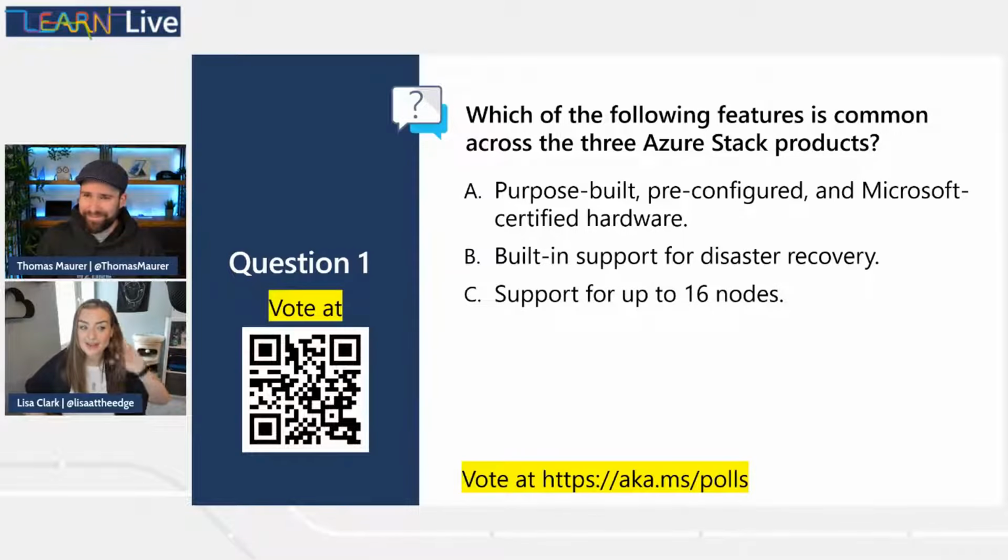Not to give away any spoilers, but Hub and HCI support up to 16 nodes, and then more in a cluster set. How many in a cluster set, Tom? That's an interesting question. How many cluster sets can you have? I don't know. I want to say for HCI it's up to 16 nodes in a cluster and up to 64 in a cluster set.